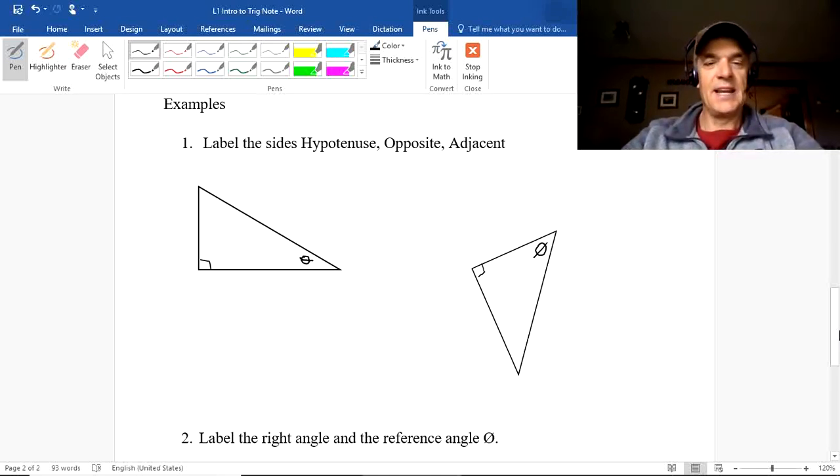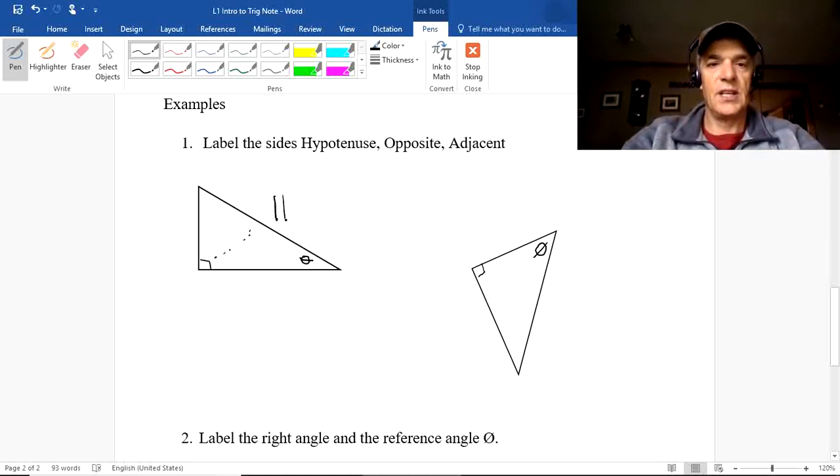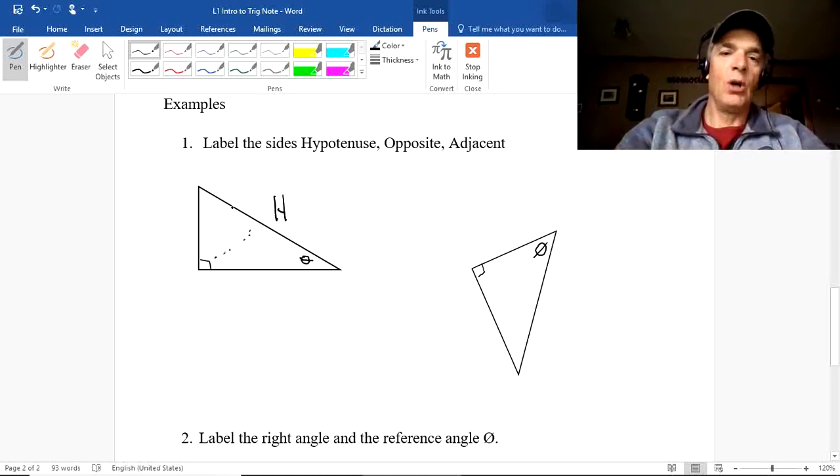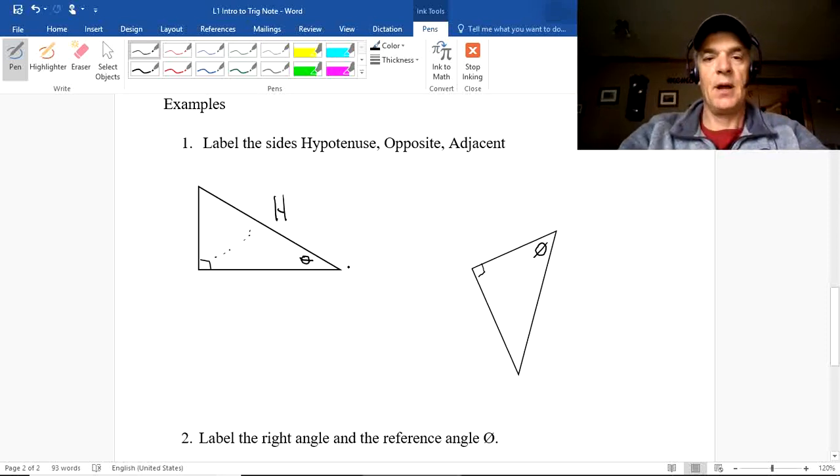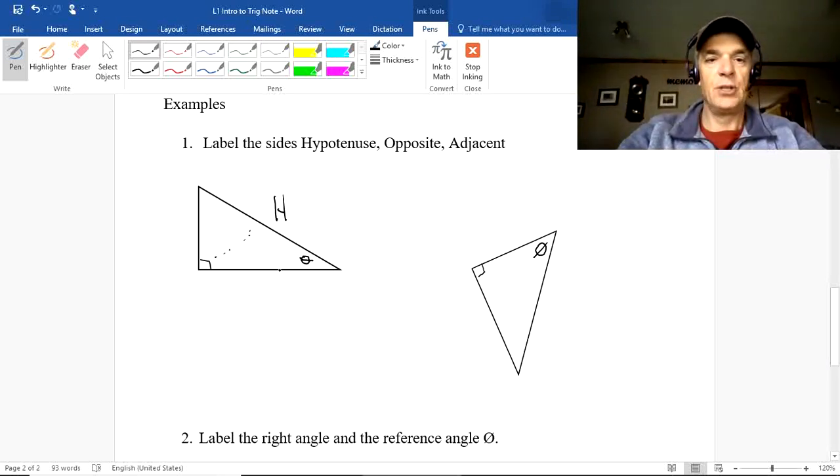It's not the neatest, but it works, okay? So we can always do the hypotenuse because we know that it's opposite the right angle. This here is my hypotenuse. It's also the longest side. The hypotenuse is always the longest side, although I don't always like that because it sometimes can be deceptive, but that's the case. Once I've got the hypotenuse, I only have two sides left.